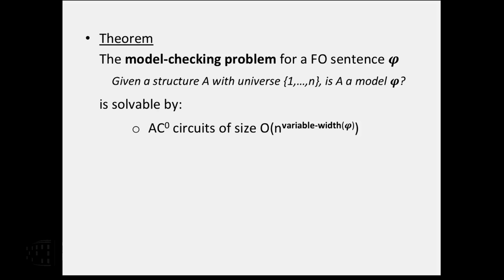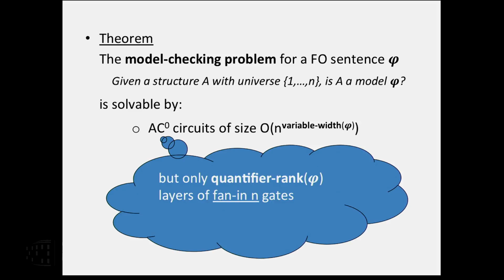For each existential quantifier, you make a big OR gate. The observation here is that the depth of the circuit is only quantifier rank many layers of unbounded fan-in gates, but those will all have fan-in n, because each quantifier is quantifying over the universe of size n.